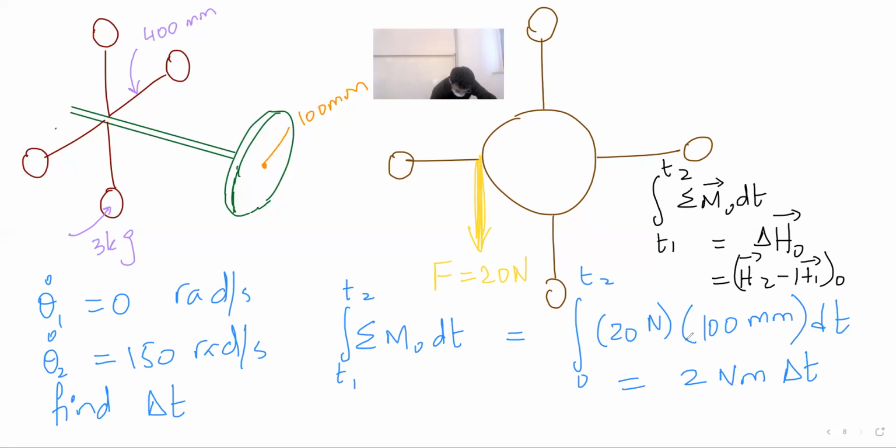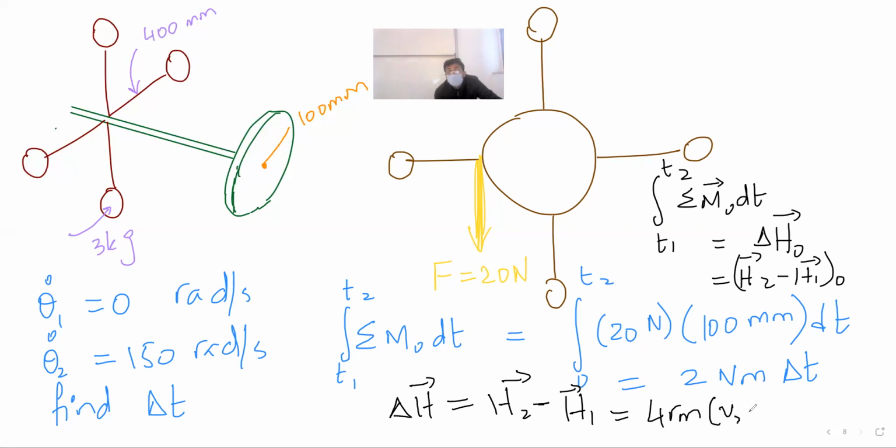So now my answer comes out to be delta H is equal to H2 minus H1 is equal to 4Rm into V2 minus V1.